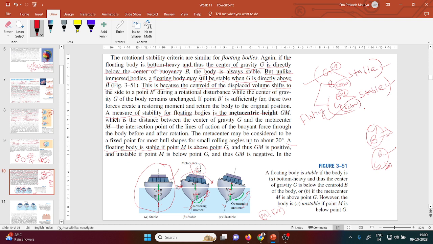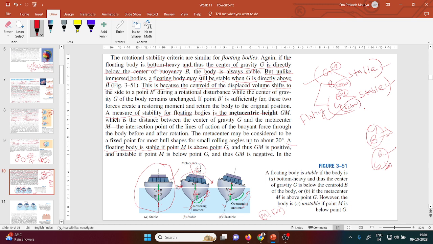If this point B was very near to this point, what will happen? If you draw the straight line, it may cut from this location, like the point C. So this is the whole idea. Your metacenter defines in which direction your body will rotate.